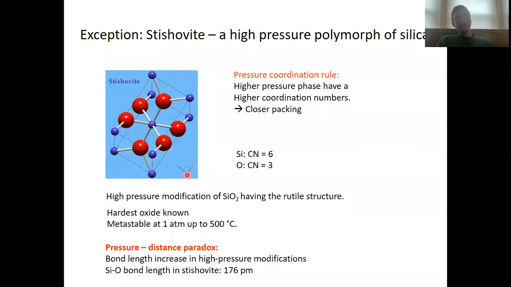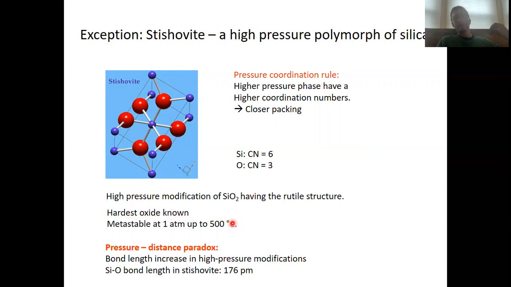So Stishovite also has interesting properties. It's actually the hardest oxide known. It is thermodynamically stable only above about 10-12 gigapascals at ambient temperature, but it's actually metastable at atmospheric pressure up to about 500 degrees Celsius.